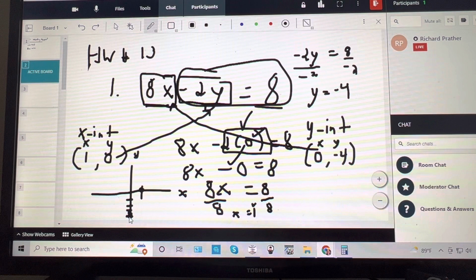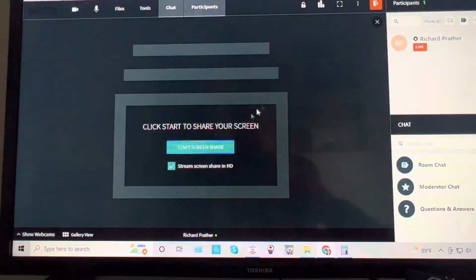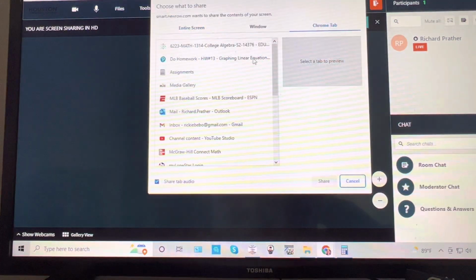So you put your 2 dots and then you just draw a line through them. And this works very well as long as both of these given numbers divide into the equals number. But if I change this 8 to a 9 or a 7.2, then this method doesn't work very well. So in the times it works well, it's the least amount of work basically, and you get to work with easy zeros.